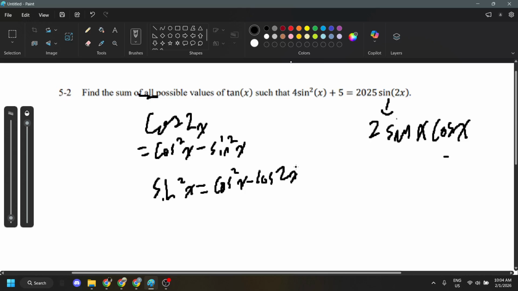Ideally we can get rid of sine, or we could get rid of cosine, just have it in sine to powers, and then we could solve a normal quadratic equation. But getting sine of 2x down to just sine, I don't think it's possible.